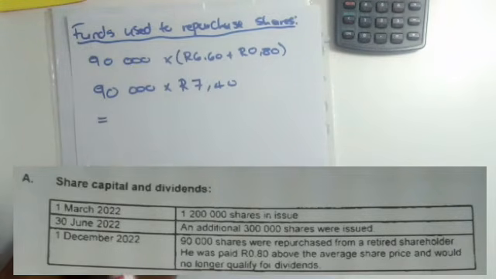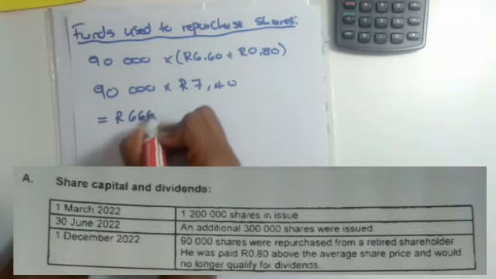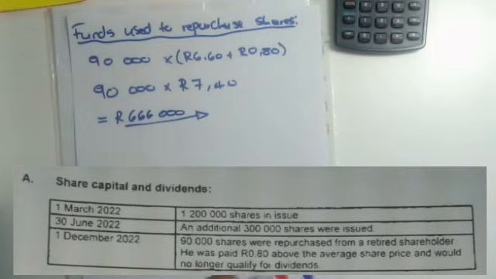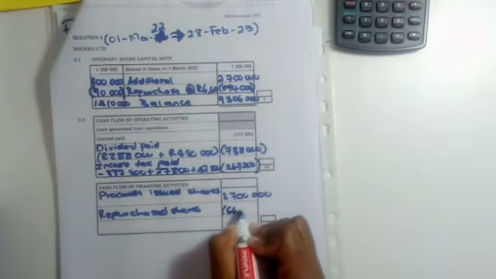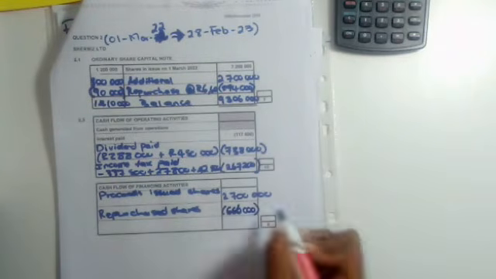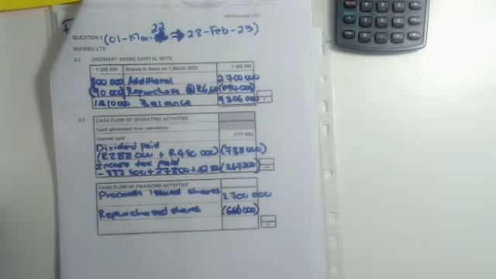So the funds that we use to purchase shares are going to be 666,000, and that is what we are going to put in our financing activities. Because it was a repurchase, it's going to be in brackets to show that it's a cash outflow. We were spending to buy back the shares.